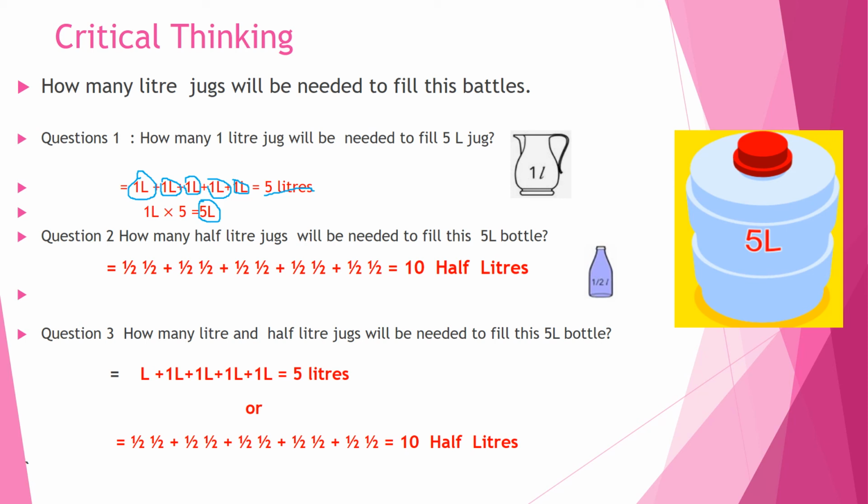And the second question says, how many half-liter jugs will be needed to fill this 5-liter jug? How many times do we add a half-liter jug of water to give us a 5-liter jug of water? So we are going to add half plus half equals 1. Another half plus half will give us another 1.